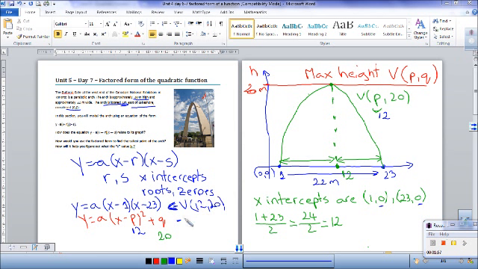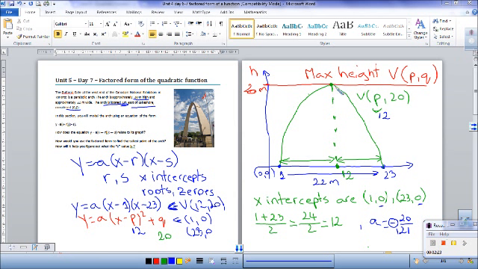And in the vertex form, I can use any of the x-intercepts, meaning 1 and 0 or 23 and 0. Once you substitute, you will find that the value of A is negative 20 over 121. And we should have known that A is a negative number from the beginning because my function is opening down and has a maximum point.